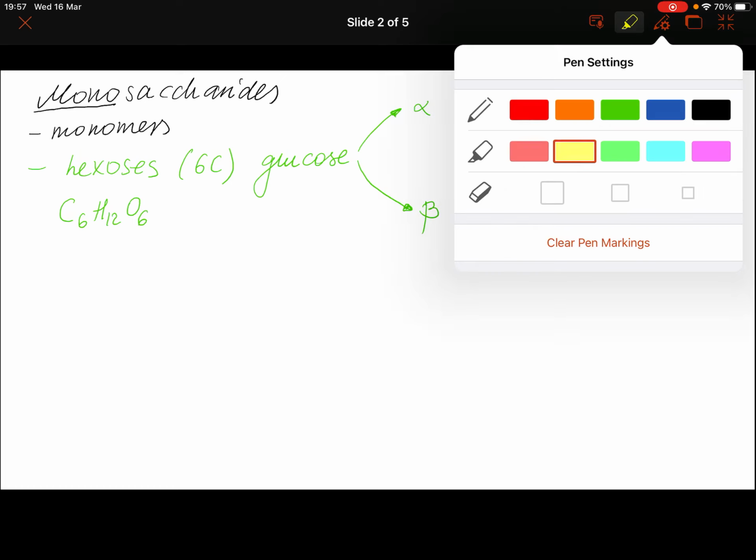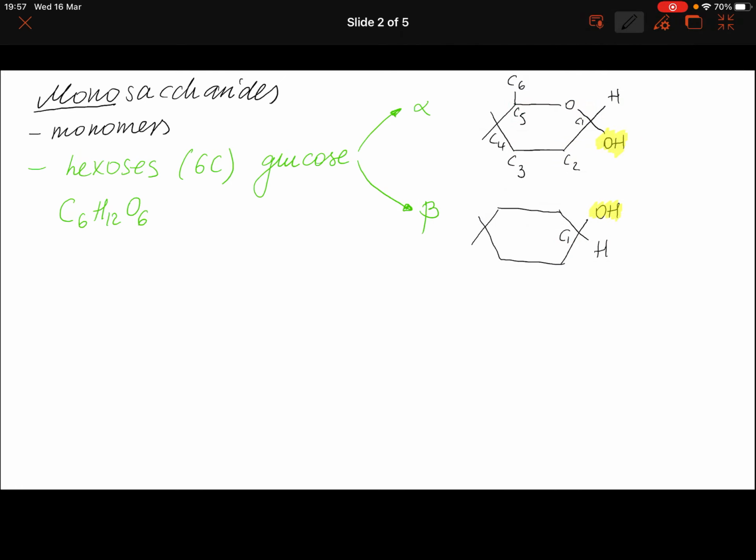Other examples of the hexoses that you should be aware of are, for instance, galactose. So we've got glucose and galactose, and we also have fructose.